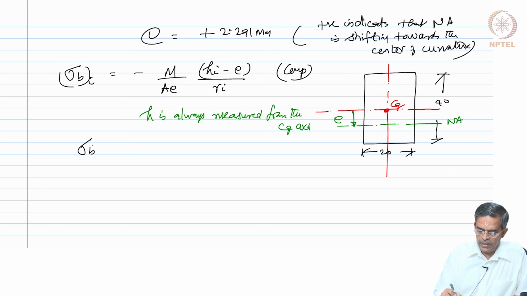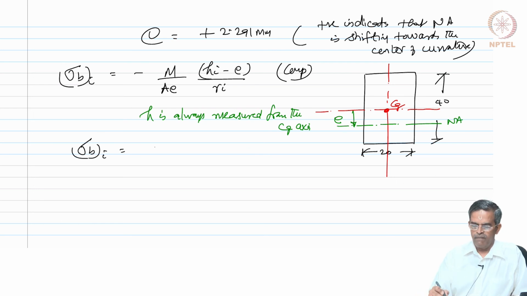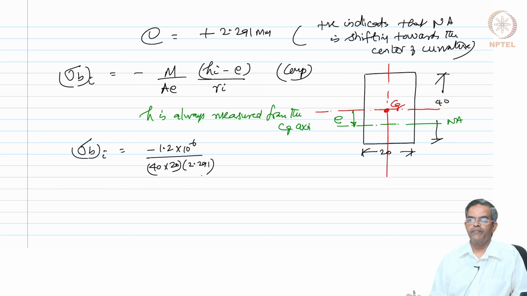So, sigma B, bending stress at intradas, will be minus 1.2 10 power 6 by 40 into 20 into 2.291 of 20 minus 2.291, by ri, which is 40.